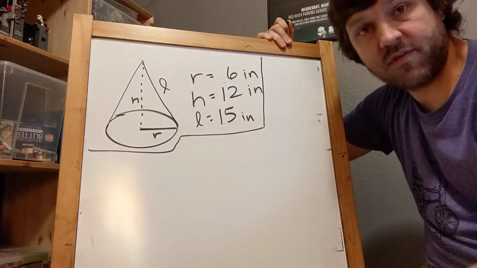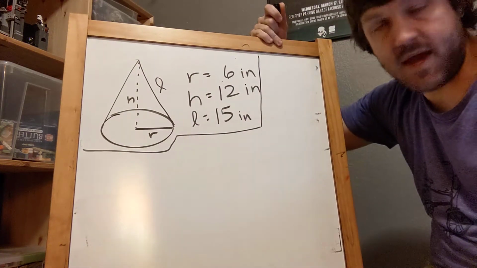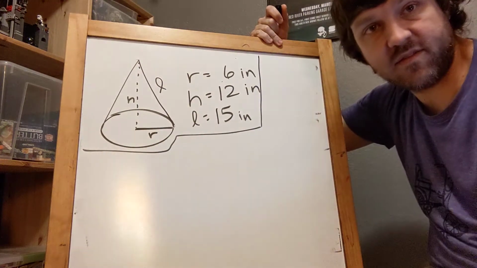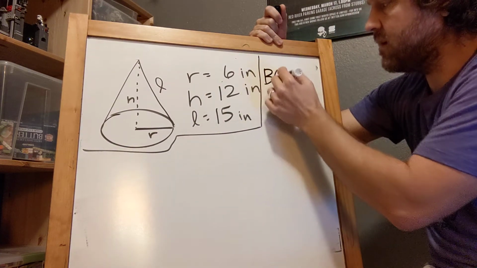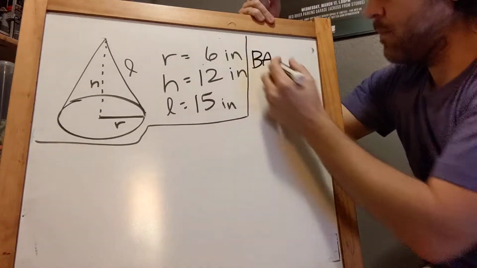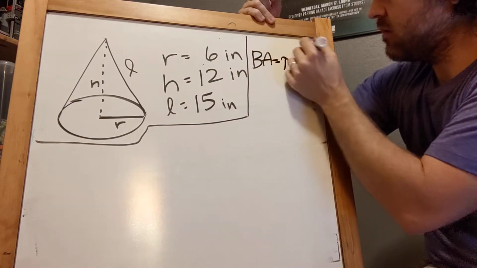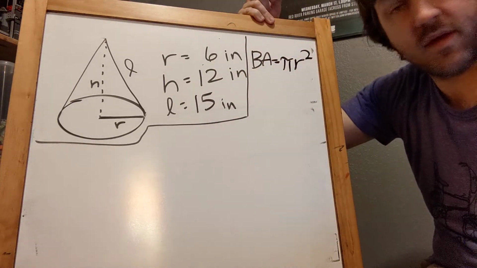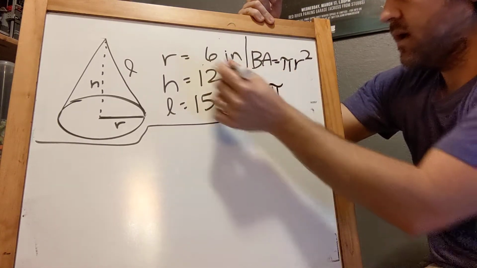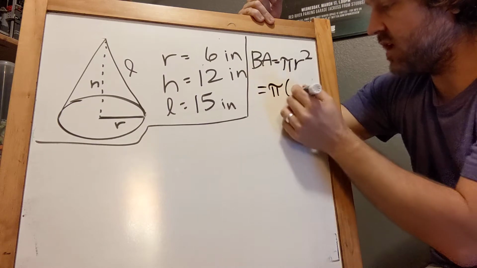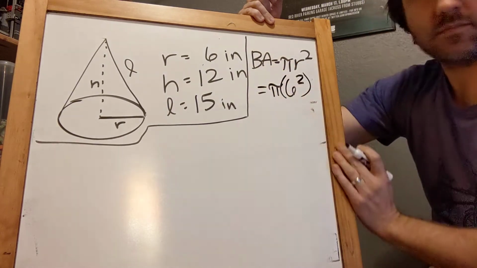And the way we're going to do surface area, first of all, is we need to find the area of the circle because that's the base and that's part of the surface area. So the base area is really just going to be pi r squared, just like we do with the area of a circle. So we do pi, and we have an r of 6, so we do 6 squared.